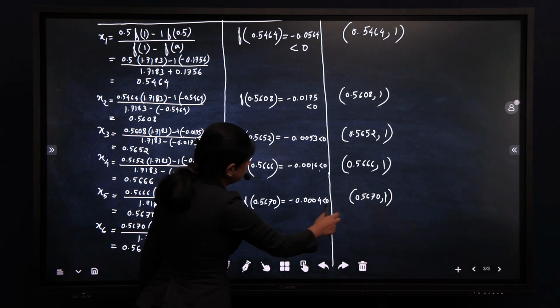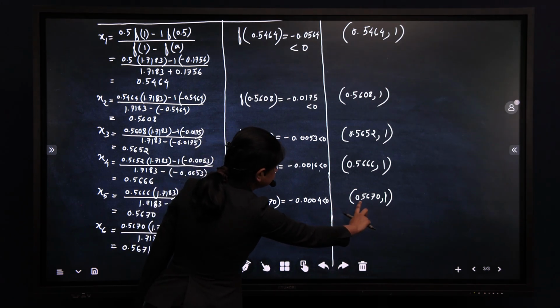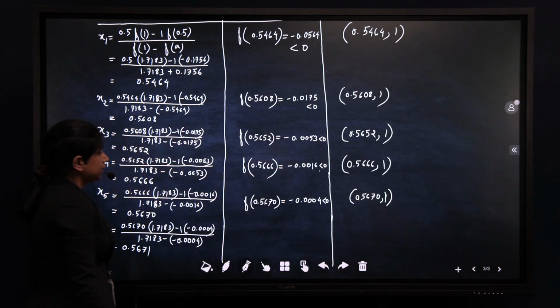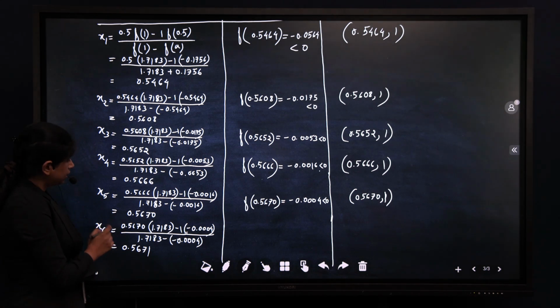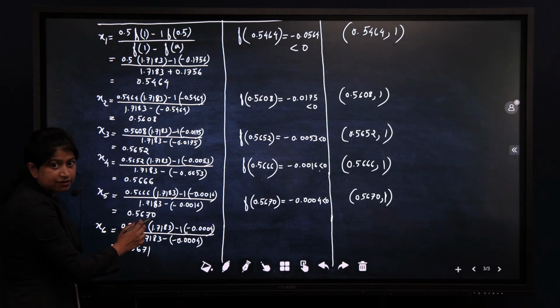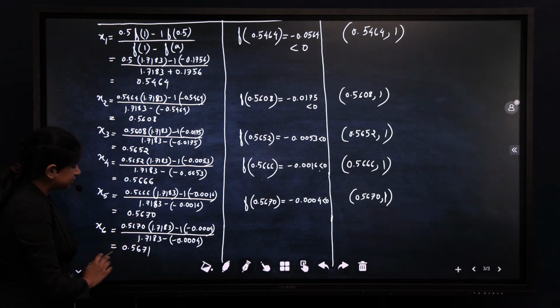For x5, the root lies between 0.5670 and 1. Now look at x5 and x6. For x5, we are getting 0.5670, and for x6, we are getting 0.5671.